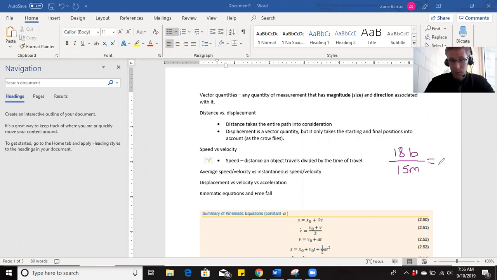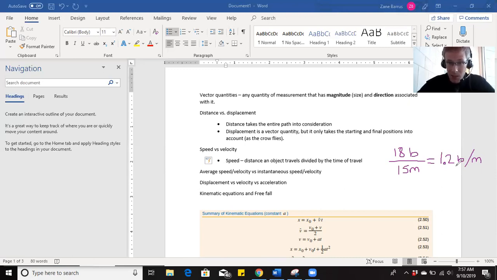So I'm going to do that real quick. 18 blocks divided by 15 minutes. That means I'm traveling at a rate of about 1.2 blocks every minute. 1.2 blocks per minute. Now remember, we're using the 18 blocks because this is the distance we took.